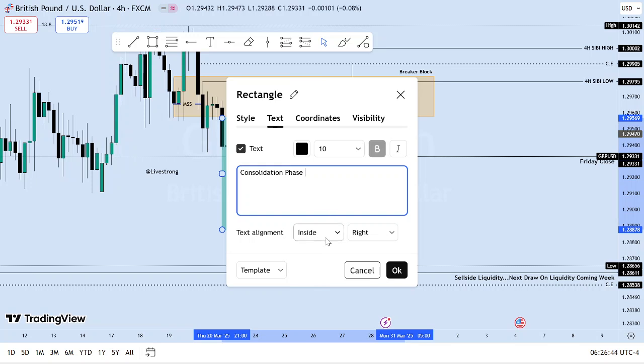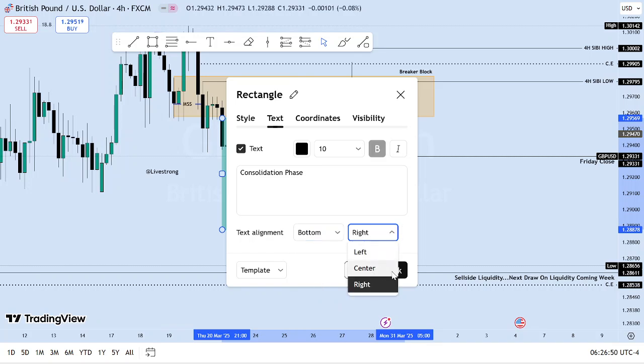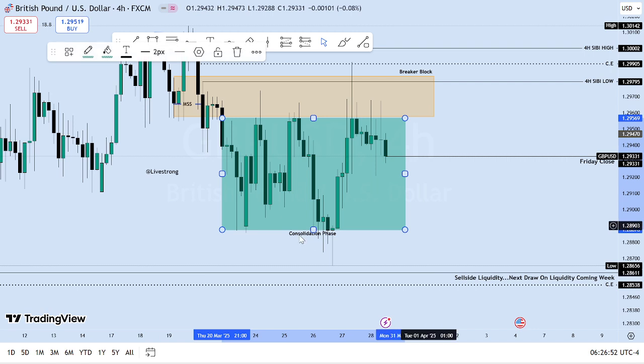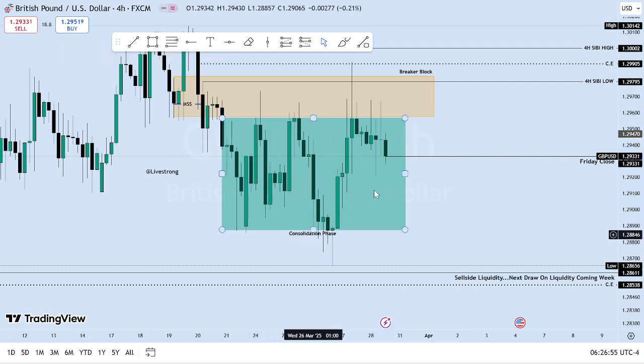A back and forth movement. That's consolidation phase. We're anticipating a manipulation phase coming week.